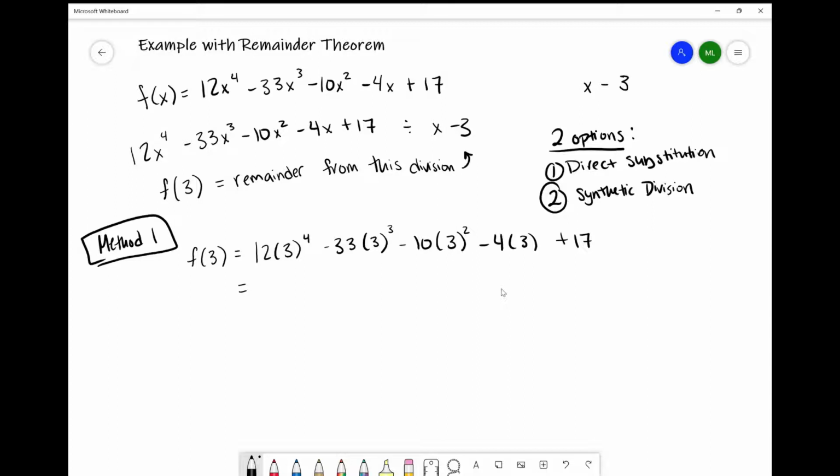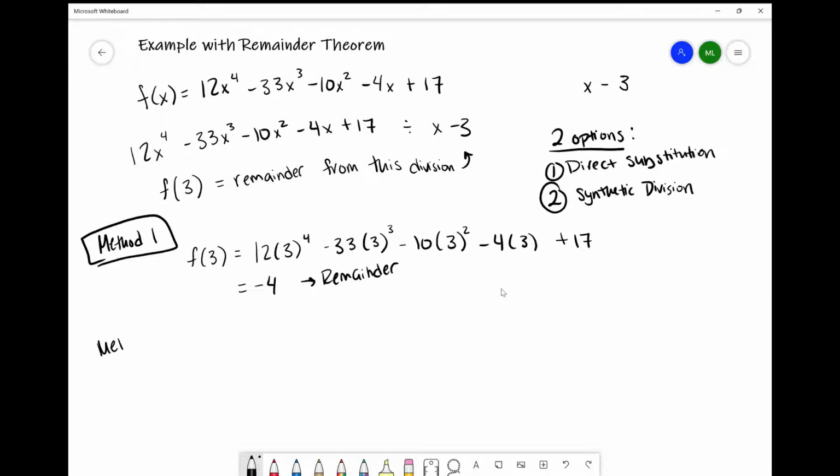Go ahead, plug it in, test it, see what you get. You should get -4. So the remainder you would get if you divided our huge polynomial by this binomial is -4. This is the remainder theorem at work.